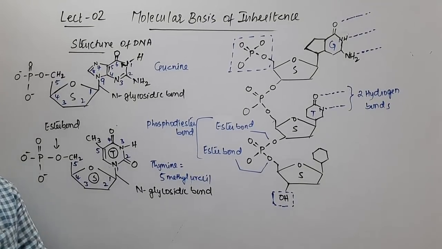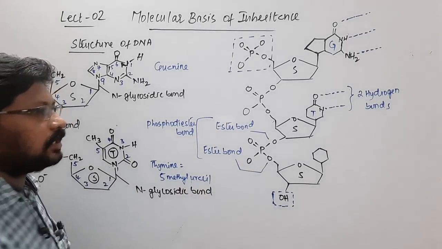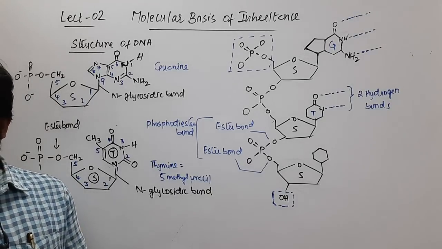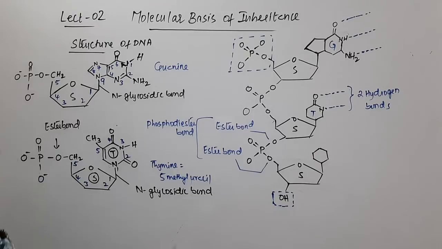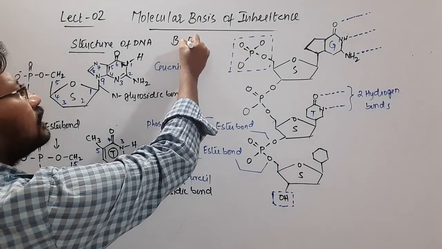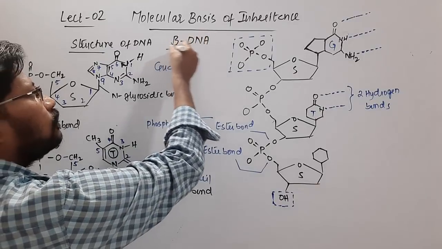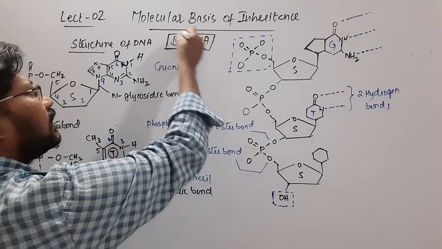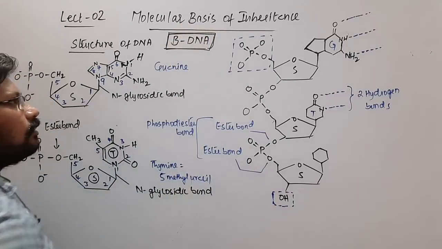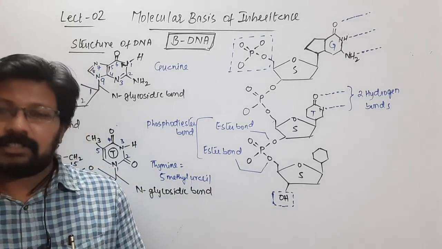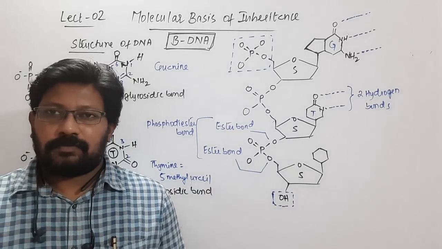Before I conclude, I have one more point. The structure given by J.D. Watson and F.H.C. Crick was B-DNA. So whatever I discussed till now is about B-DNA. Later, when I discuss the objective part, I will be discussing even the other types of DNA.